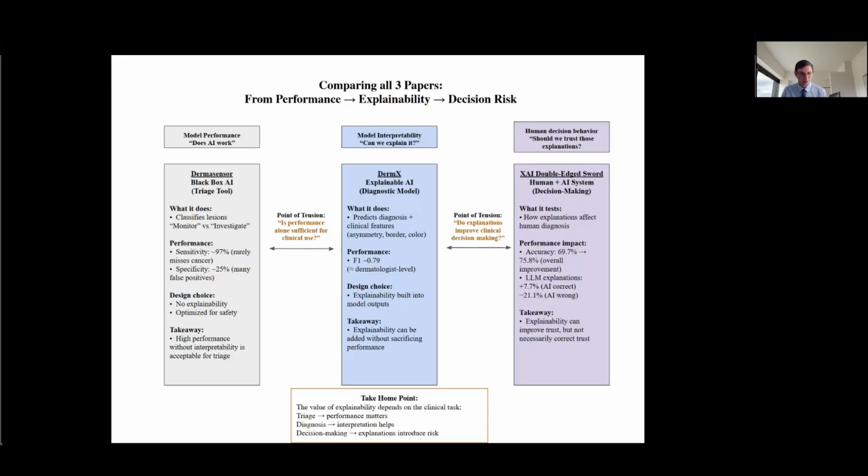The first is that the value of explainability depends on the clinical task. For instance, triage performance matters. Diagnosis interpretation helps. And then for the final one, which is the clinical decision, certain explainability tools can be helpful, but it can also lead to overconfidence in the specific model and the AI output.